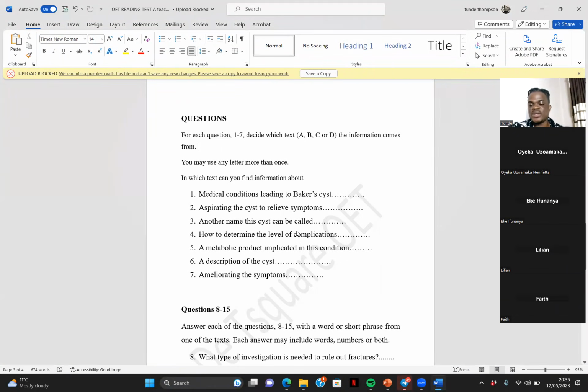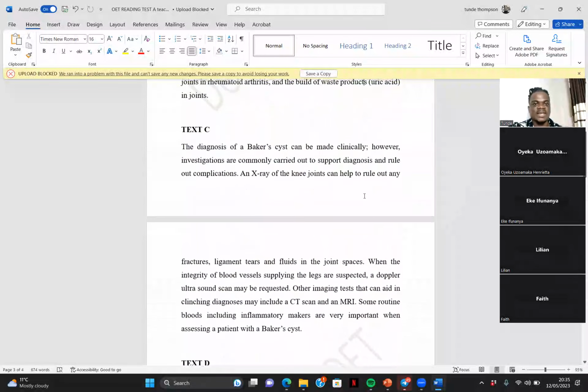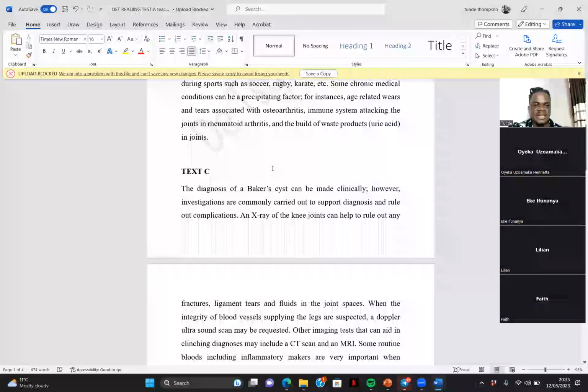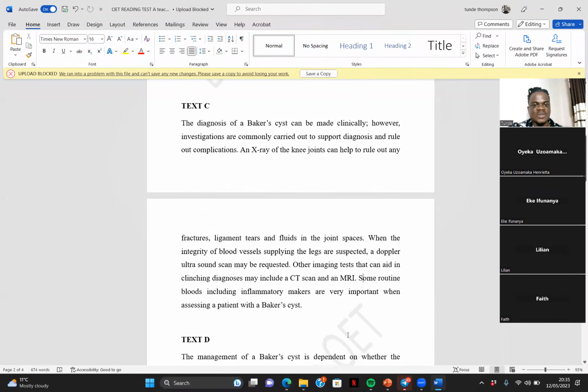If you're not too sure in this case, because sometimes it can happen that you might be suspecting the question might be in any of the two texts, what you can do is go back and double check. If you go to text C first, in text C they were making diagnosis, investigating. That's what they are trying to do, investigations that can be used to make diagnosis.